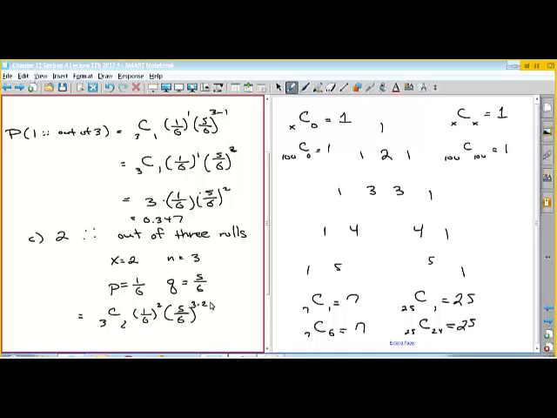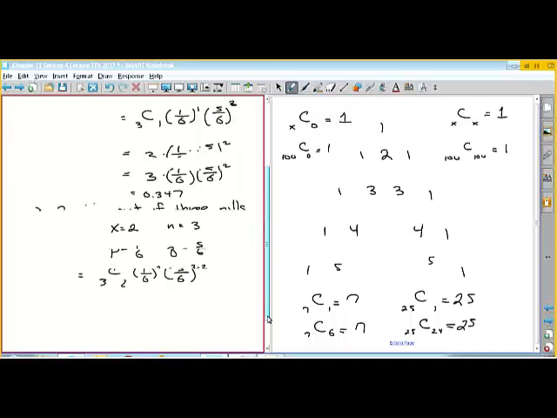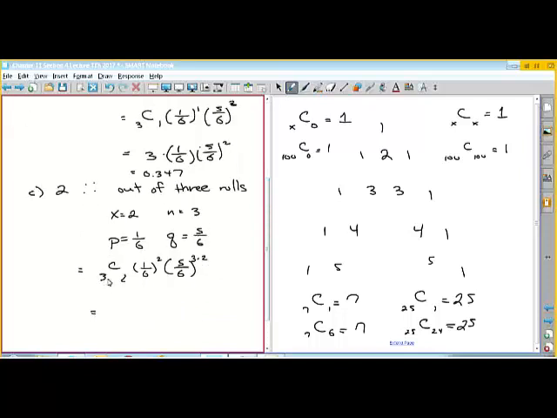The probability of failure is 5/6, and you raise that to the 3 minus 2 power, which is the first power. And because this is 1 less than that, the 3 things taken 2 at a time is just 3. And then we have 1/6 squared times 5/6 to the first power. And when you do that, you get 0.069.